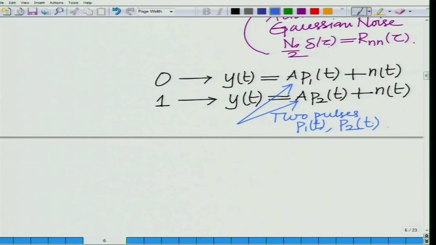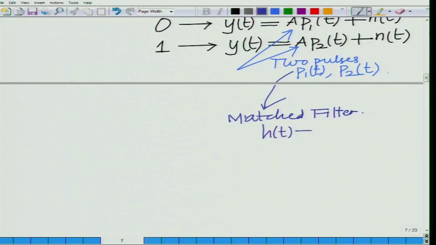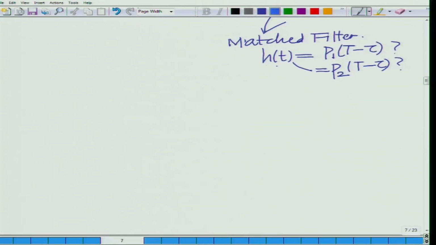P1(t) and P2(t). Now, what we need to determine is, when we use a matched filter, and we have not seen a situation like this before, is h(t) equal to P1(T minus tau), or surprisingly, is it equal to P2(T minus tau)? So, which pulse should be chosen for matched filtering?